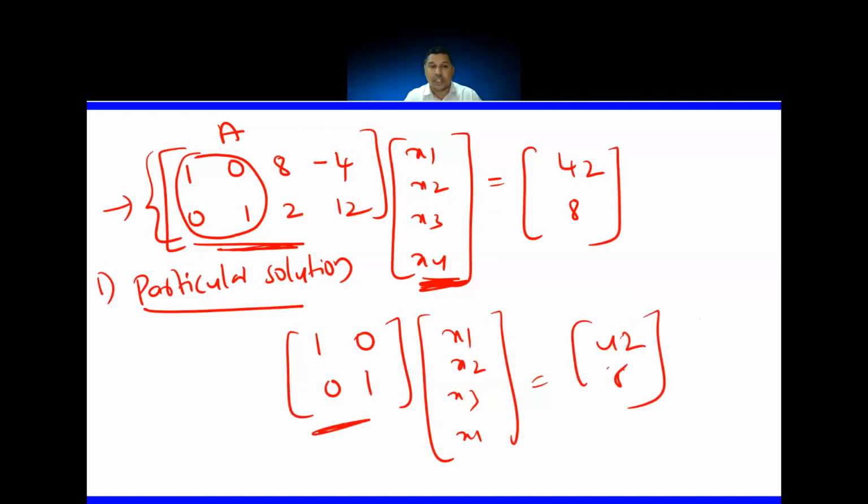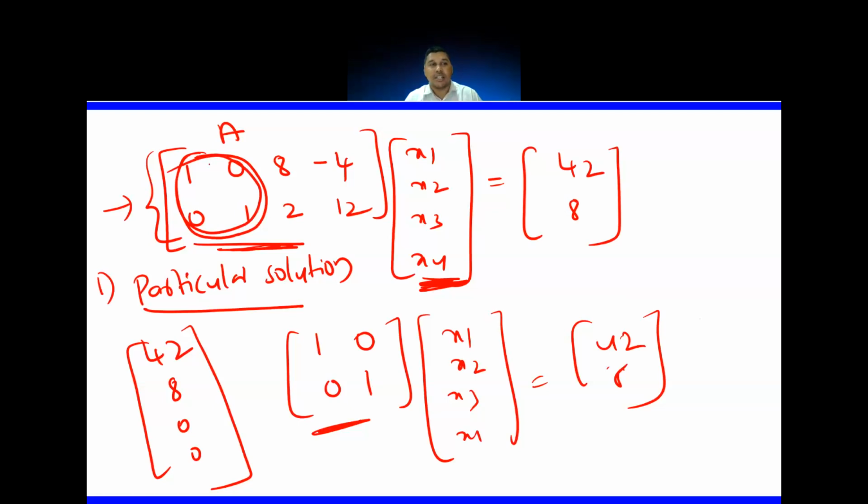When you convert that to reduced row echelon form, you can say the particular solution, or one possible solution, for this given system of linear equations can be simply 42, 8, 0, 0. Why? Because you have a reduced row echelon form here. In such a case, since this is x1, this is x2, x3 and x4 are assumed to be zeros. So you can say this is your particular solution.